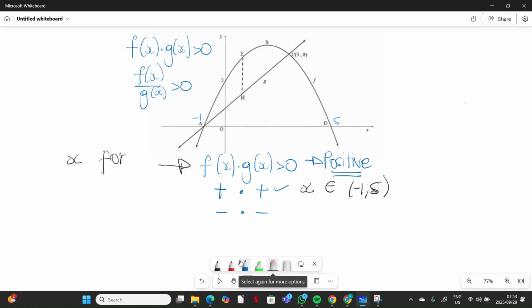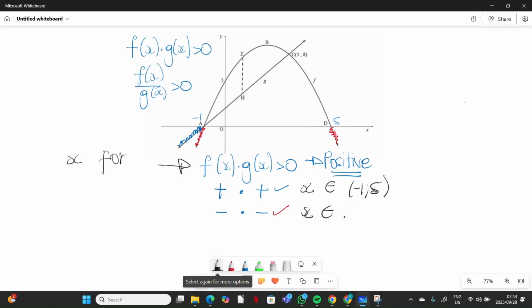So now let's look at when we have them both being negative. The graph of f is negative from here going up until infinity, and the graph of g is negative from there going there. So with this one, our x value would be an element of what?